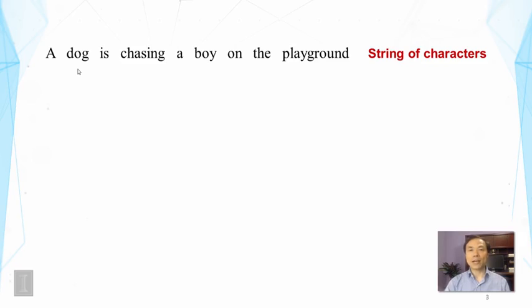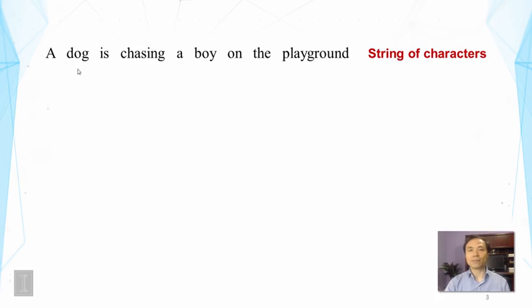We can perhaps count what's the most frequent character in English text, or the correlation between those characters. But we can't really analyze semantics. Yet this is the most general way of representing text, because we can use this to represent any natural language text.